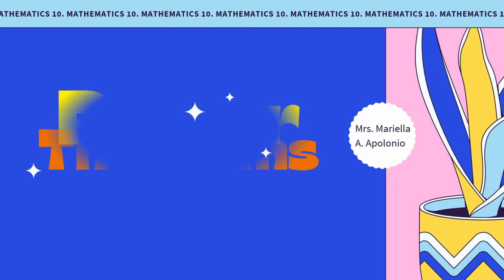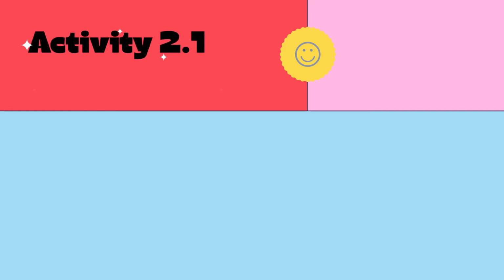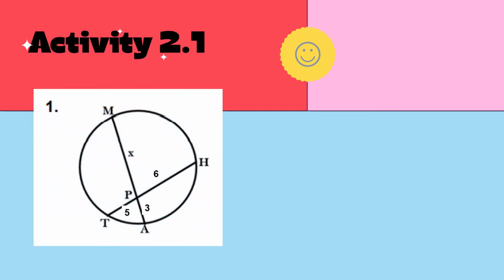So, pagdating sa activity 2.1, it's about power theorems naman. So, let's have an example here, number 1. Okay, so here, if two secants intersect inside the circle, the product of the segments of one secant is equal to the product of the segments of the other secant.